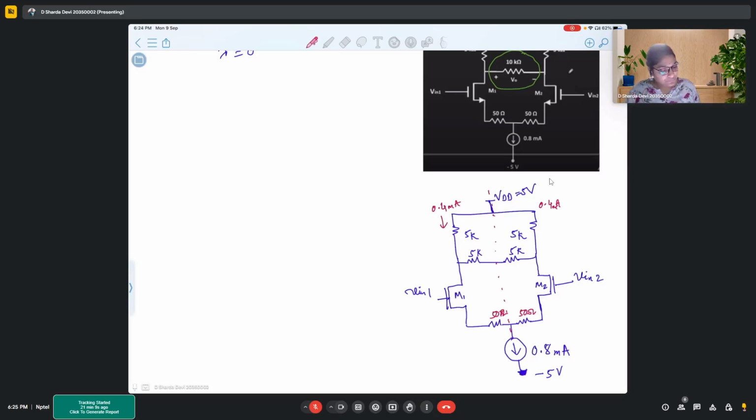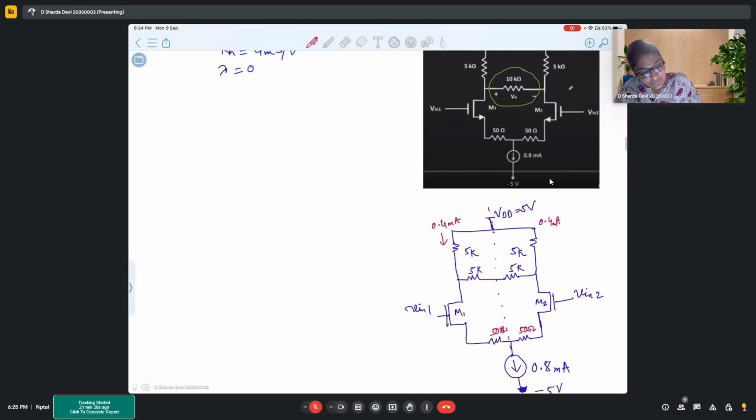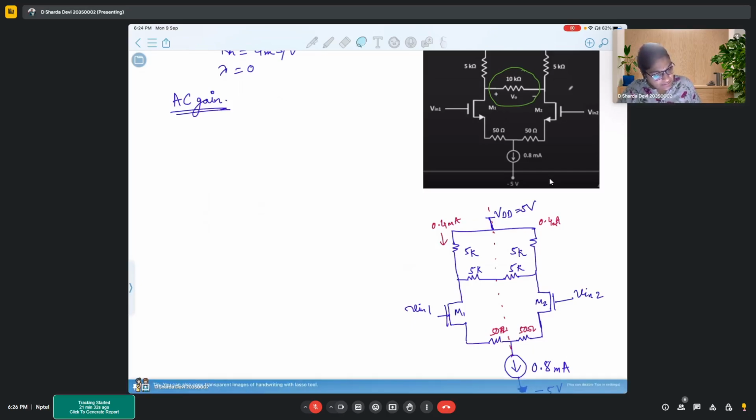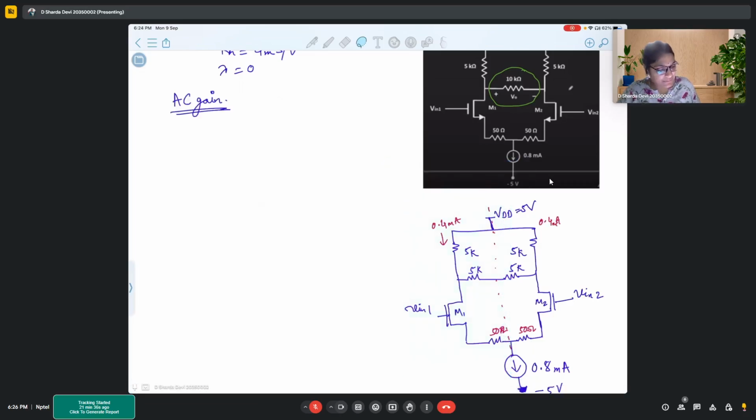And now if we want to find the gain of the circuit, so basically we want the AC gain for the signal. So for AC gain, we will take one half of the circuit. So this particular half circuit we will analyze.